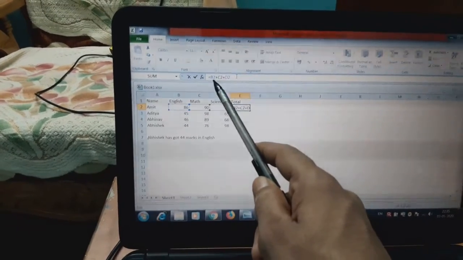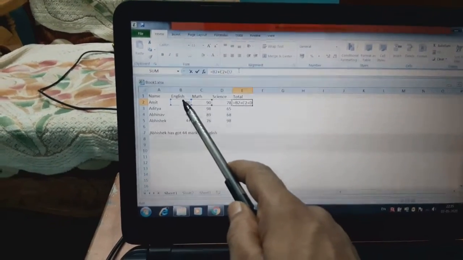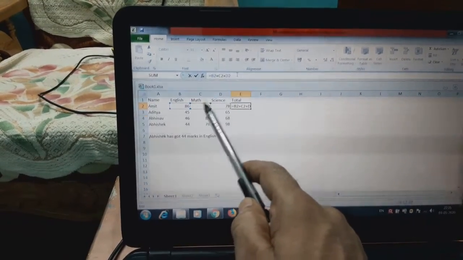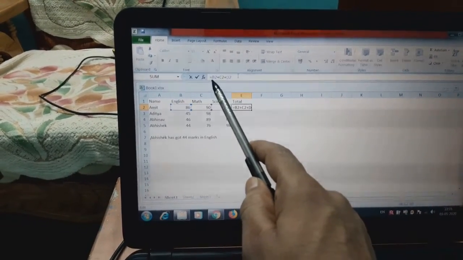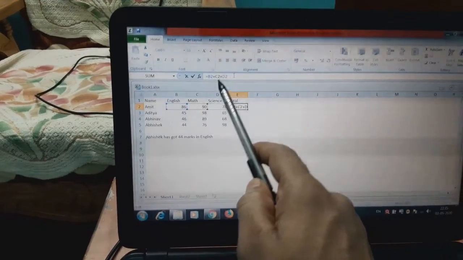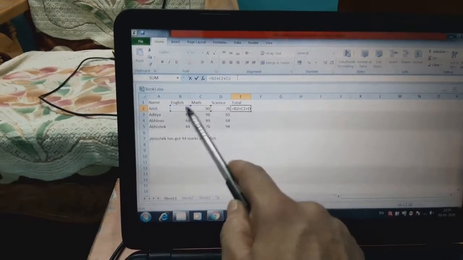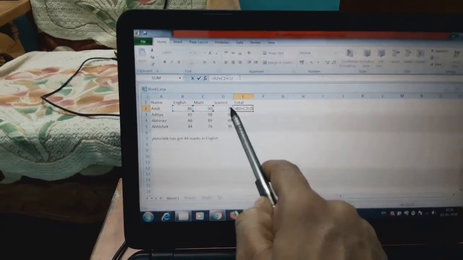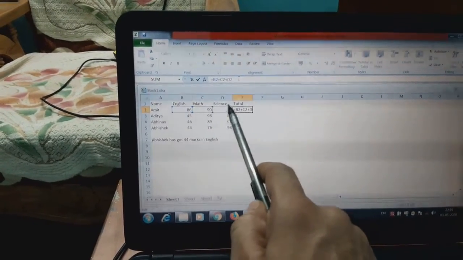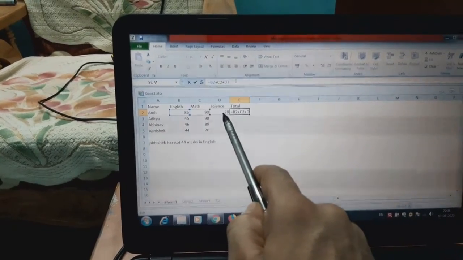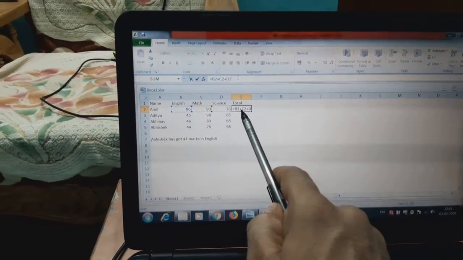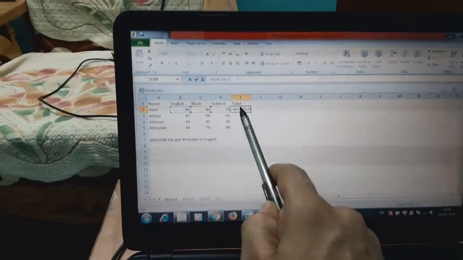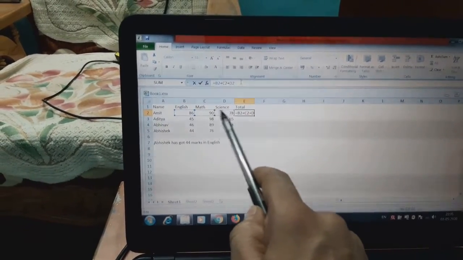So after writing this formula, these cells will be selected: cell number B2, cell number C2 and cell number D2, which I have written in the formula bar. All the cells will be selected. So these are called cell reference, because in the total I am going to find the total of B2, C2 and D2.